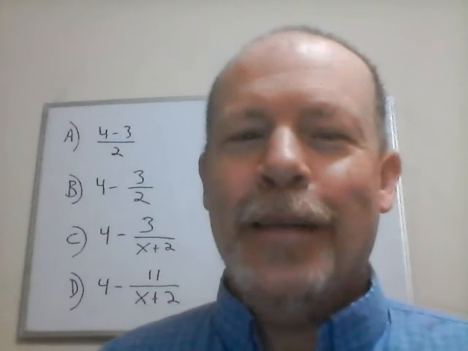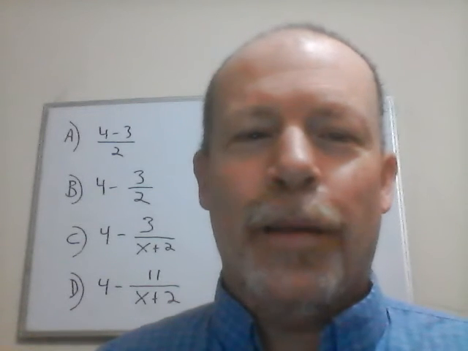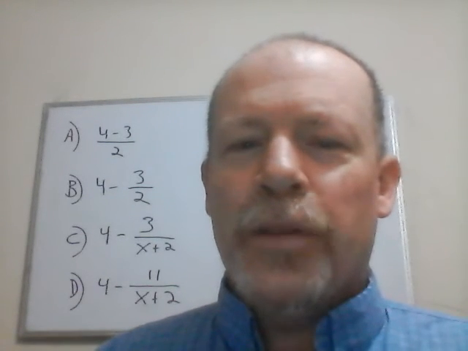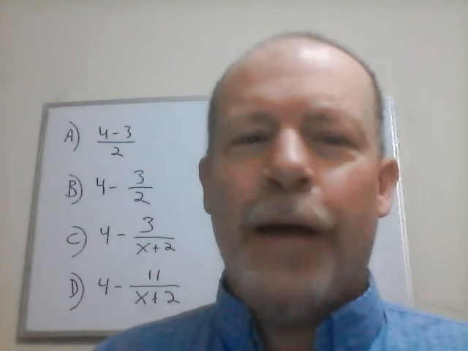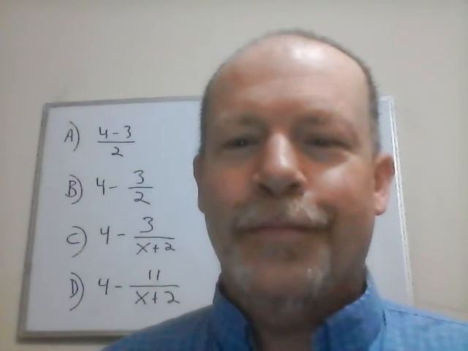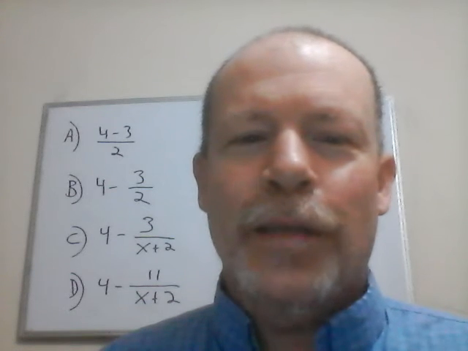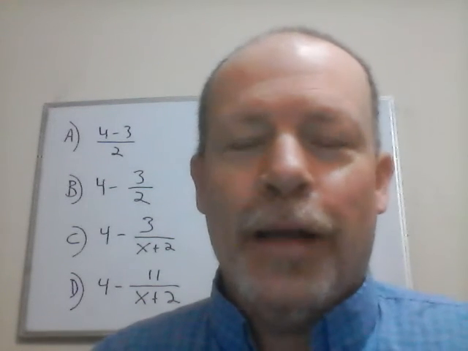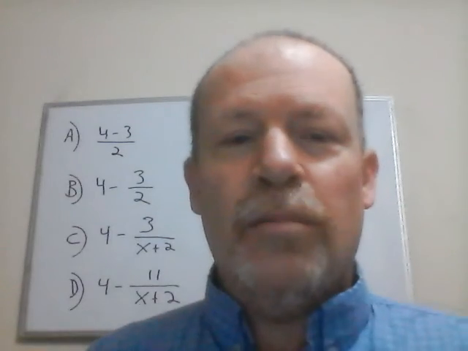If it doesn't, then A is probably your answer. You don't have to think about it anymore, and don't go any further. So what I'm going to do is pull 4 off of the fraction and see what precipitates from that. It almost has to be B, C, or D. There's almost nothing else that can happen. Some fifth possibility is not allowed to you. So let's try it, see what happens.